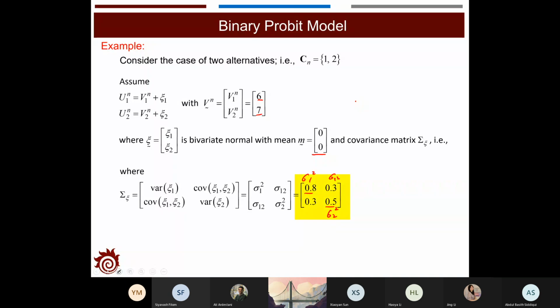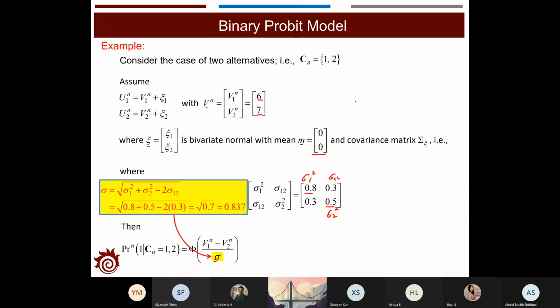First of all, we need to calculate the value of sigma. Sigma is the square root of sigma 1 square plus sigma 2 square minus 2 times sigma 1 2. With that, we get the value 0.8037. We also know the value of v1 minus v2, so we can get the value inside the cumulative function as minus 1.19.